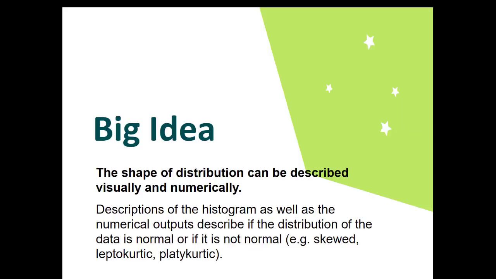So what's the big idea? The big idea is that the shape of the distribution can be described visually and it can be described numerically. Descriptions of the histogram, as well as the numerical outputs, describe whether the distribution of the data is normal or not normal. For example, it's skewed or leptokurtic or platykurtic.